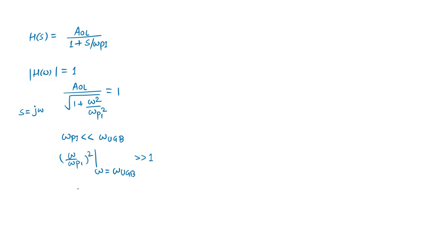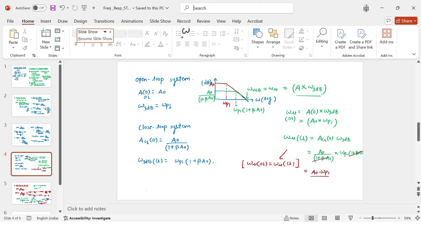So the 1 inside this root can be neglected, and we can write omega by omega p1 at omega equal to omega UGB is equal to 1.